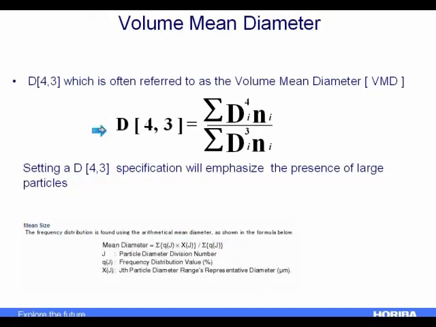Here is a description mathematically of the D43. It's just defined here, and you can find the description in several ISO or ASTM documents. When you're using laser diffraction, and if you're using, in particular, HORIBA software, if you just see mean distribution when you're looking at the volume distribution, that implies the volume mean or the D43.